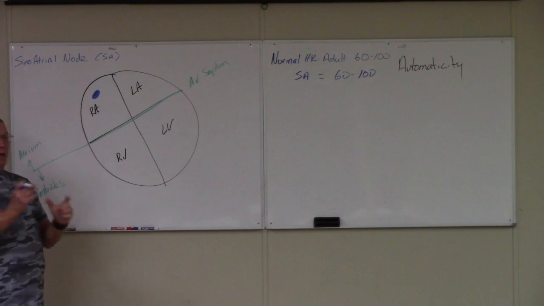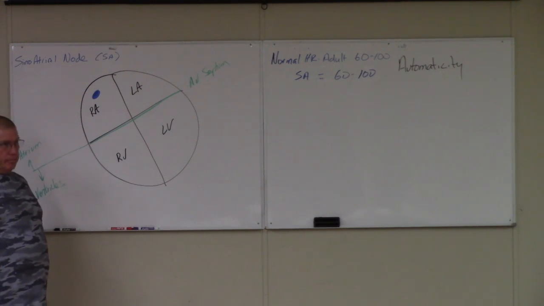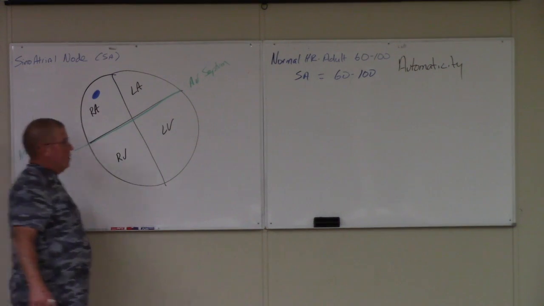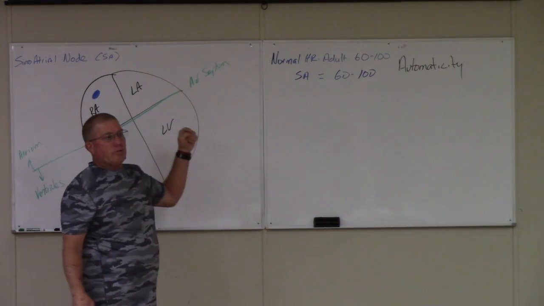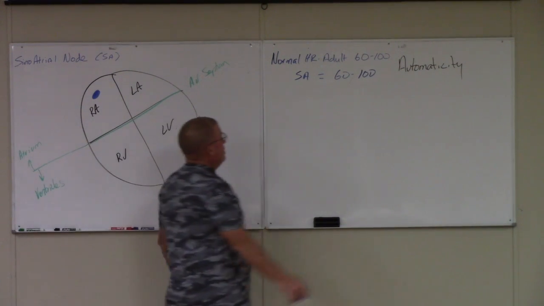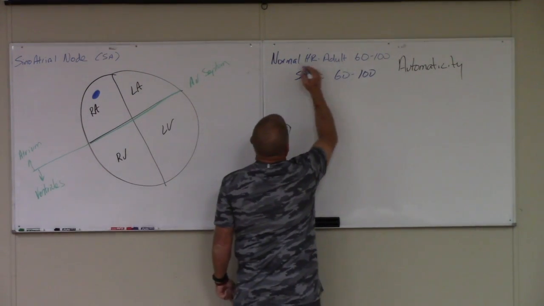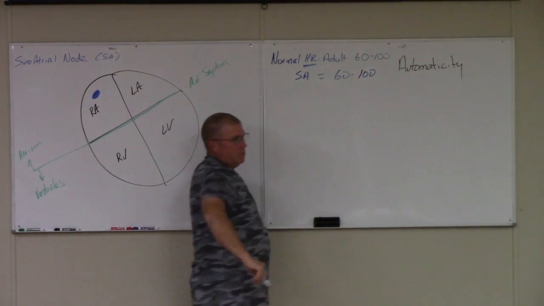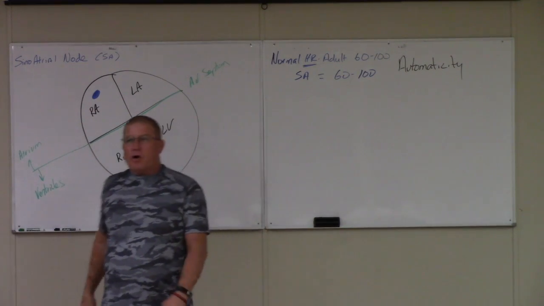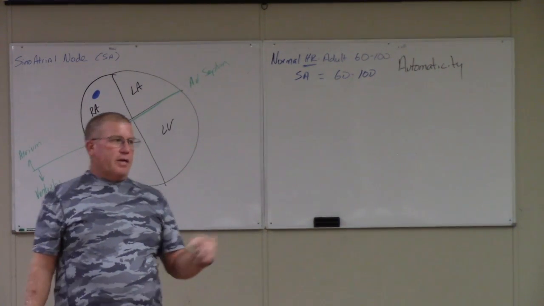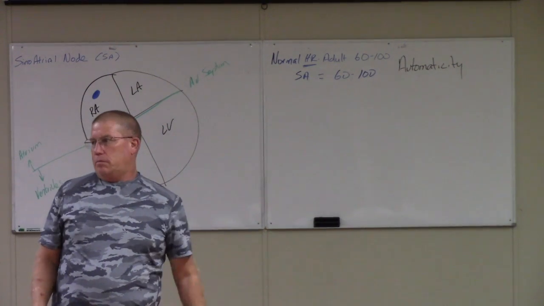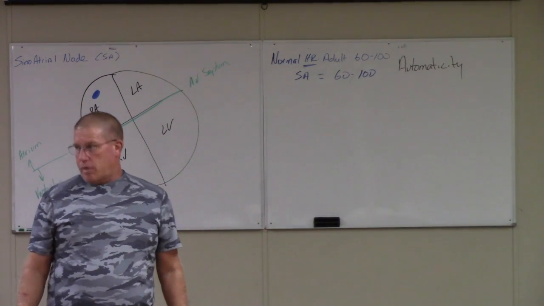It is an electrical charge, but it is the inherent heart rate. That's the rate at which the heart is contracting based on the electrical charges being sent out of the SA node. Okay?